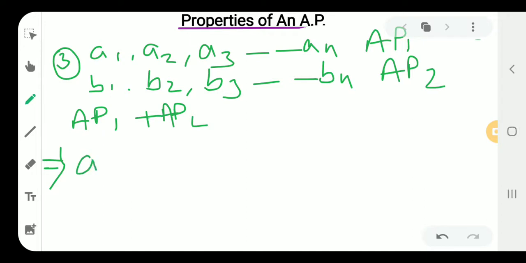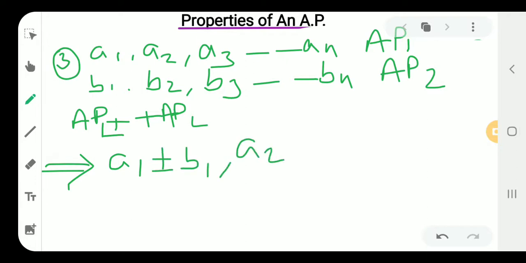That is, if we add or subtract AP1 and AP2, then the resultant sequence or series will be like A1 plus minus B1, A2 plus minus B2, and it will continue till AN plus minus BN.